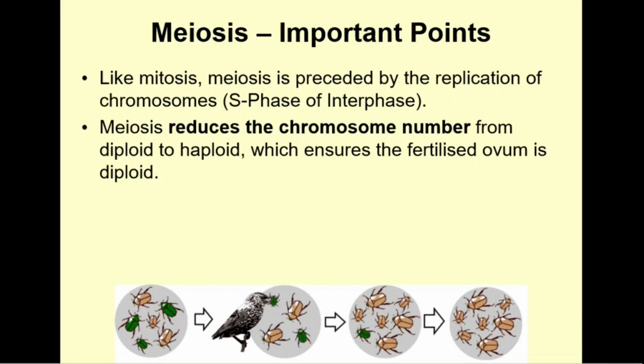Now, if you were to have diploid gametes, so diploid sperm and diploid ova, when you get fertilization, so the sperm fertilizes the ovum, that fertilized ovum or egg would end up with 4 complete sets of chromosomes, because you'd be getting 2 from the sperm and 2 from the ovum.